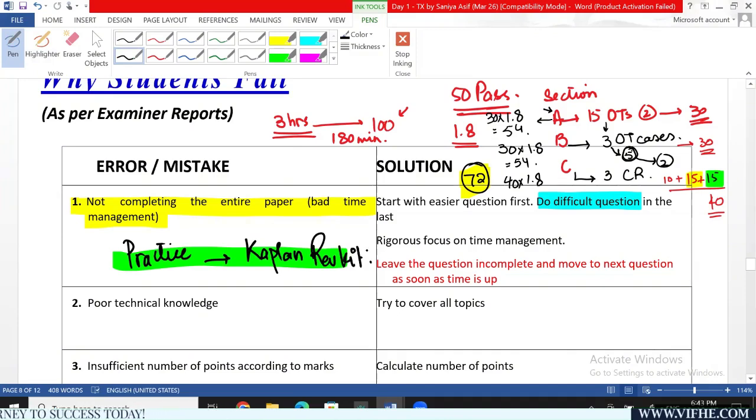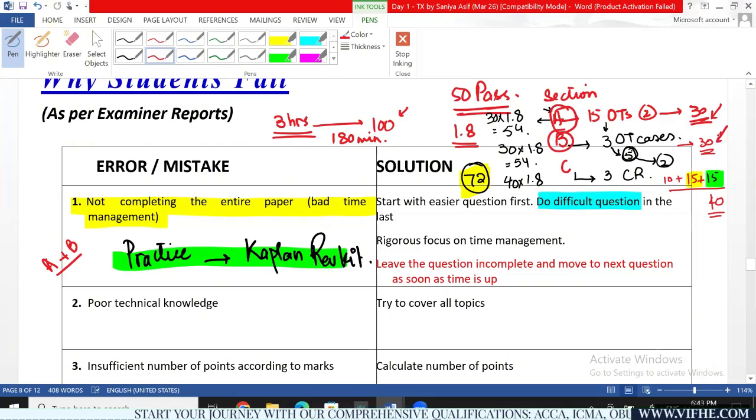It does contain comprehensive questions with respect to section A, B, and C. And you people have to try solving each and every question related to section A and B, because together section A and B would let you score 60 marks in total.